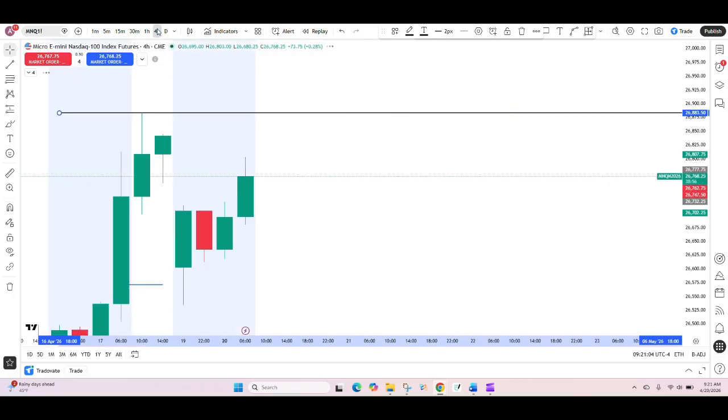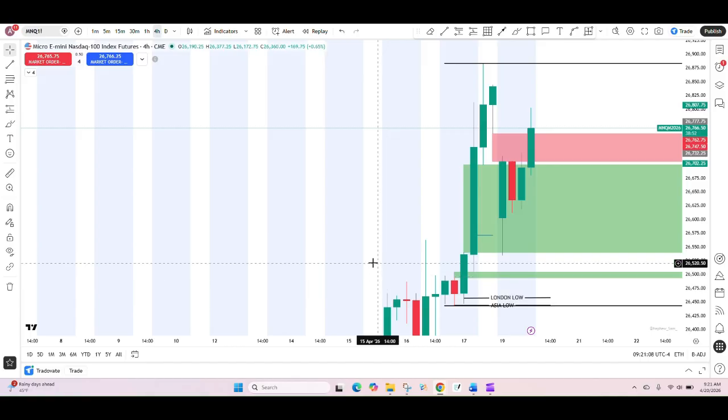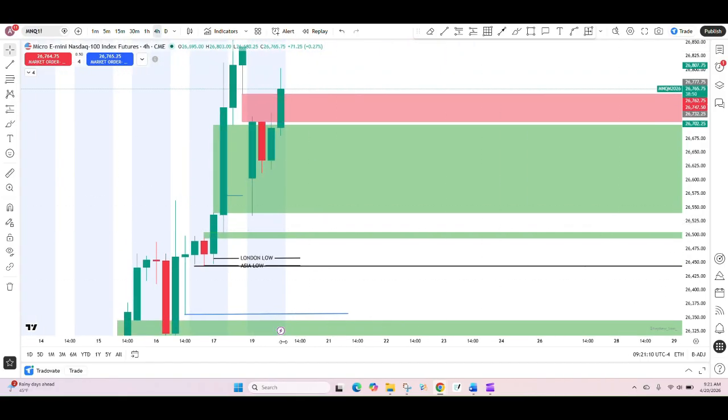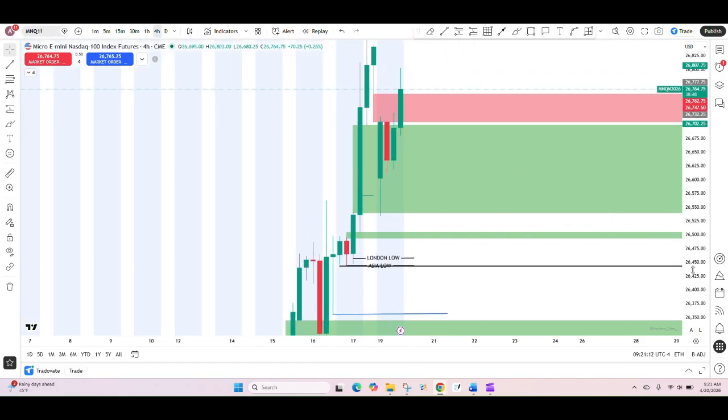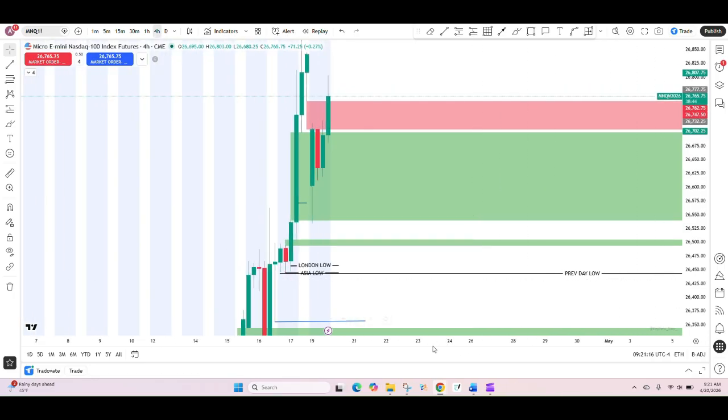Then we're going to drop down to the 4-hour time frame. In the 4-hour, I'm going to see if I see any internal highs and lows that I can mark out as key levels. So basically, an example of that would be if I see a bullish fair value gap, which would be this green right here, and then I see a red candle go through it, right?